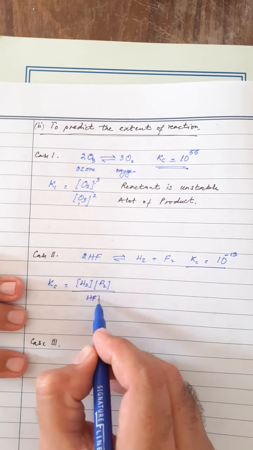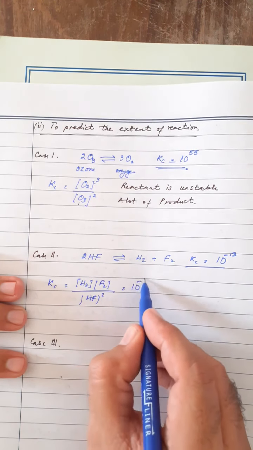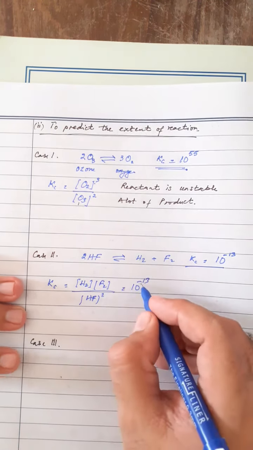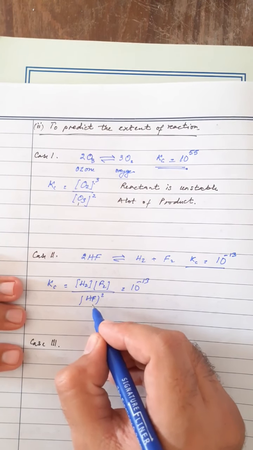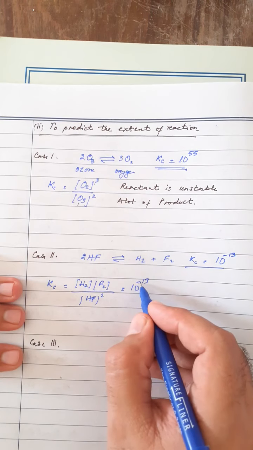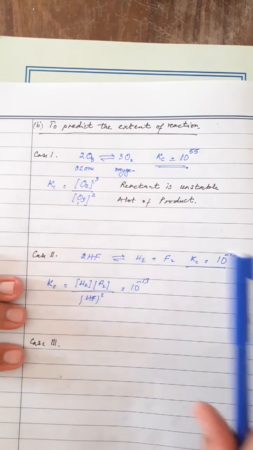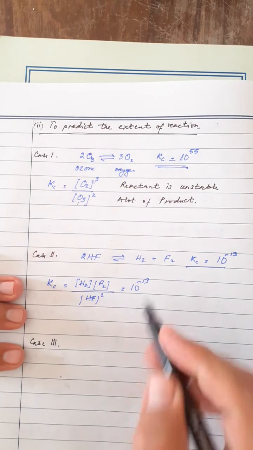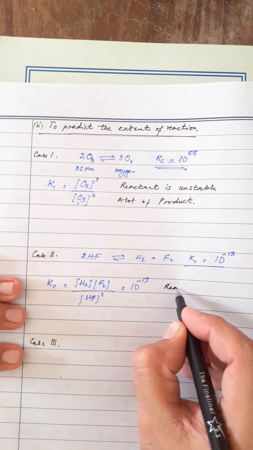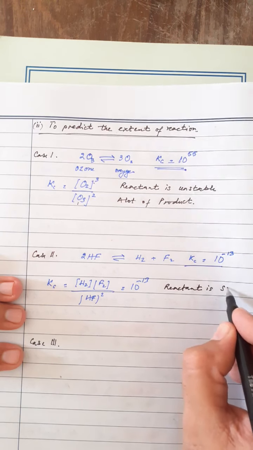The ratio is equal to 10 power minus 13. Now, when will this come? When this one is a lot and this one is absolutely not. Minus 13 value of Kc means that the reactant is very stable and it doesn't break down to give fluorine. It shows that the reactant is stable.